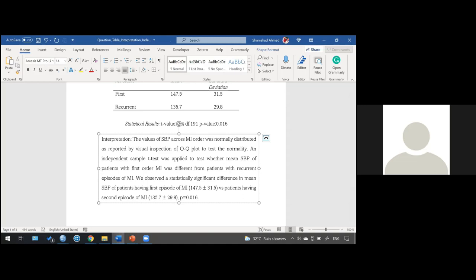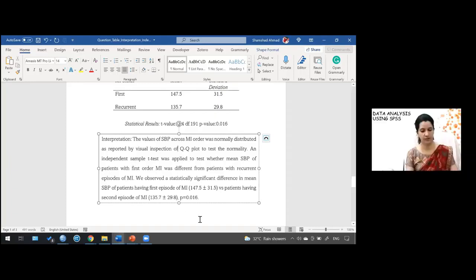We observed a statistically significant difference in mean SBP of patients having first episode of MI, 147.5 plus or minus 31.5, versus patients having second episode of MI, 135.7 plus or minus 29.8, with P equal to 0.016. Okay, yes, thank you.